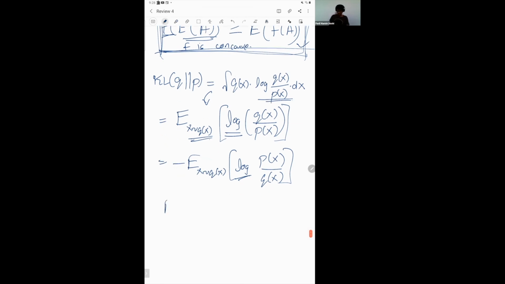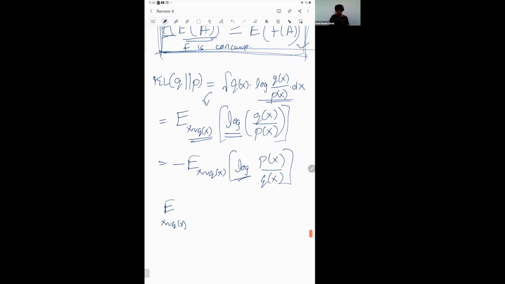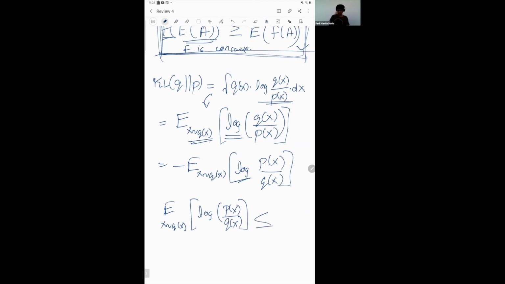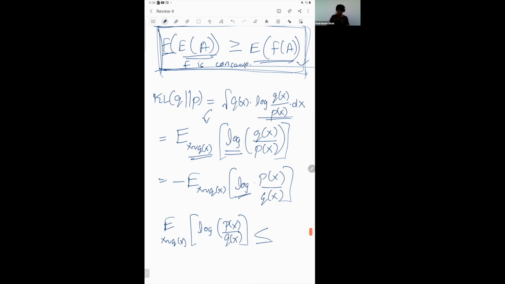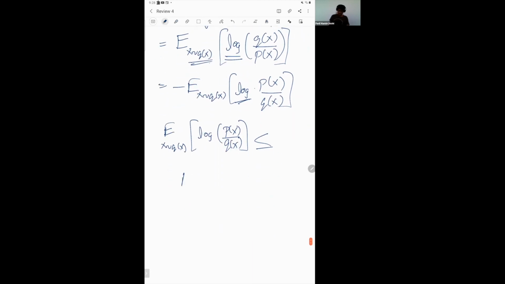The sign is just flipped because I substituted this part here, and then this would be equal to log of the expectation where x is coming from q of x.